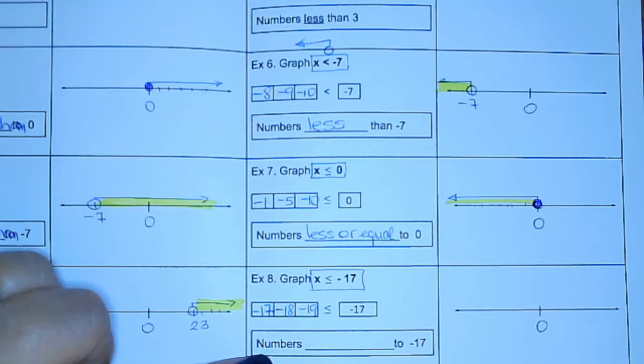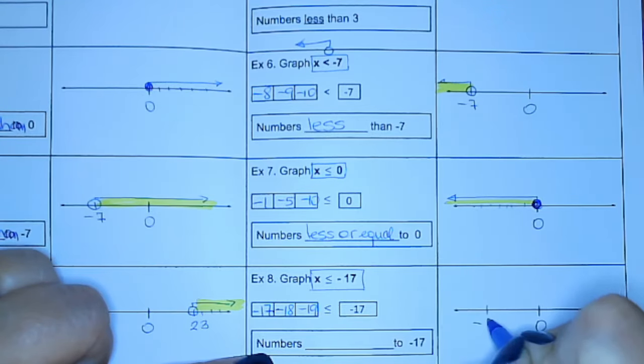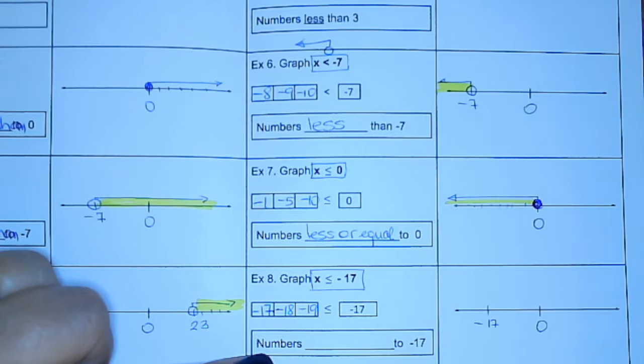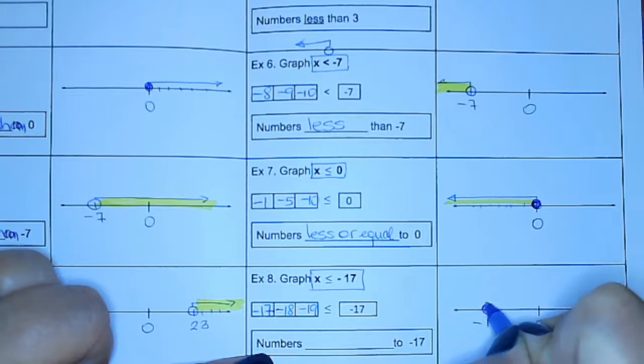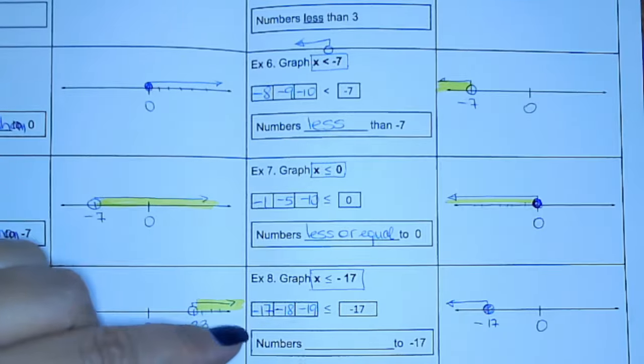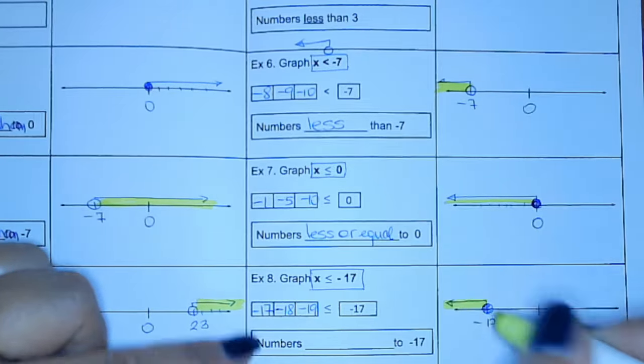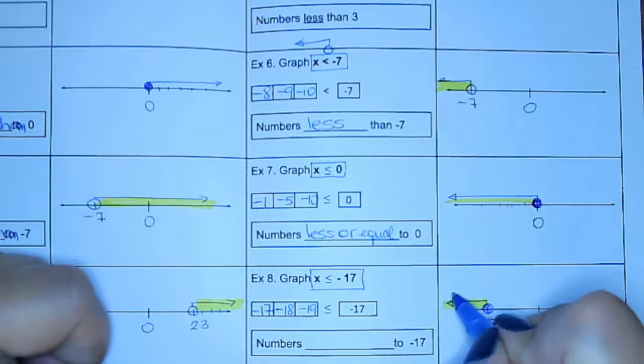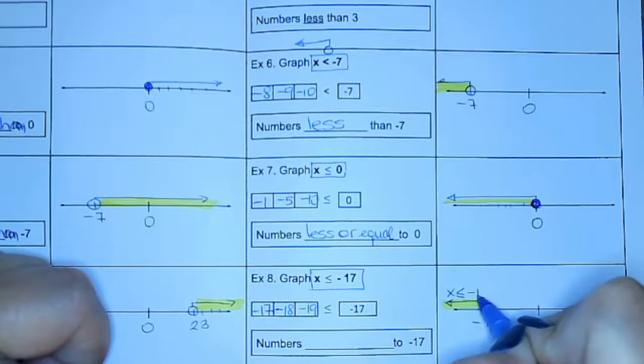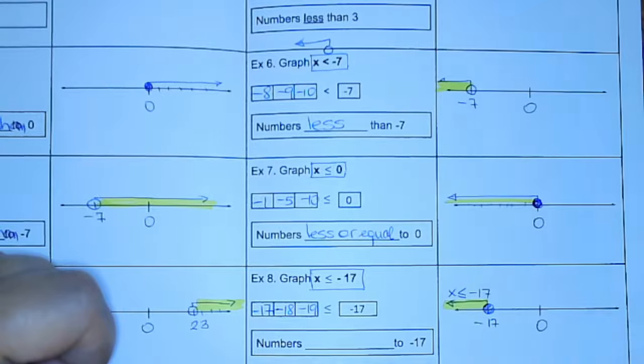So to sketch, I need to show on the number line where is 0, where is -17, on the left of 0, circle, fill it in, and point to the left. Numbers less than or equal to -17 are on the left of, including that -17.